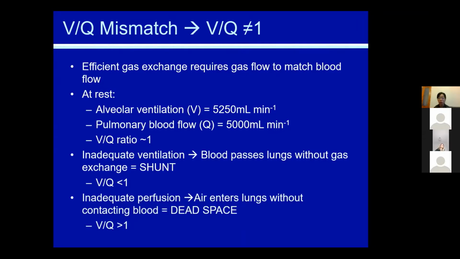And then you also have areas of the lung where you have inadequate perfusion, i.e. you're getting enough air into the lung, but you're not getting enough blood to those areas. These areas are called dead space, i.e. your ventilation is more than your blood perfusion, and therefore your VQ ratio is more than 1. Neither of these are good. Your ideal situation is when VQ equals 1, when you have ideal VQ matching. Anything else is mismatch and is inefficient gas exchange.